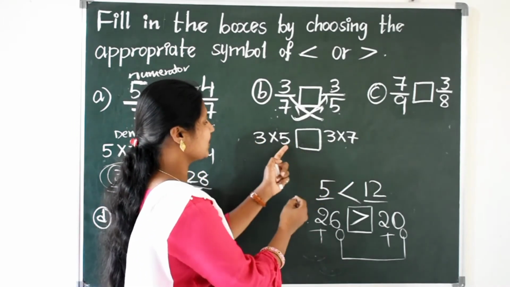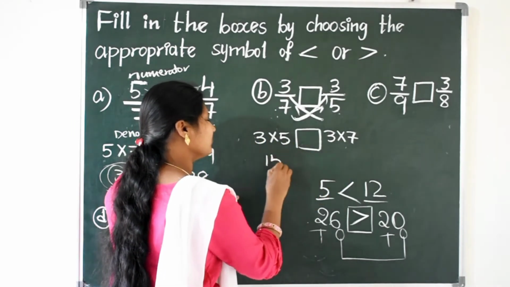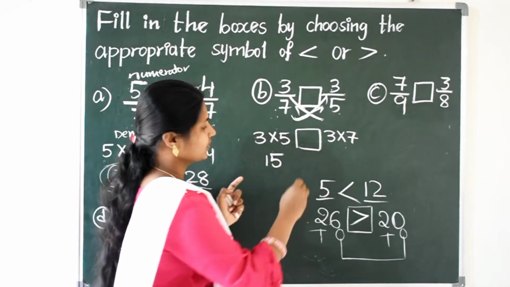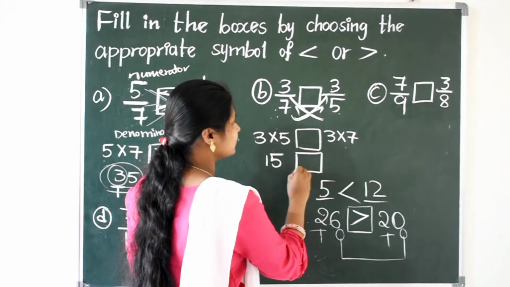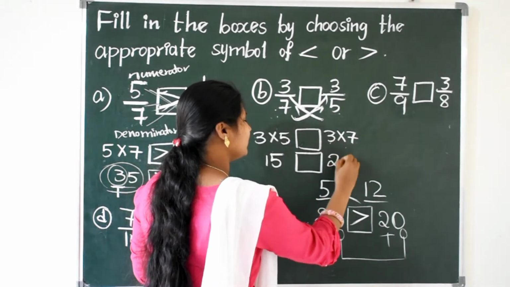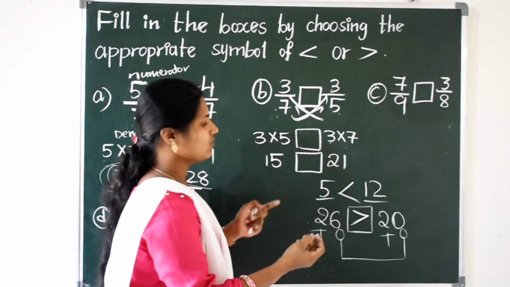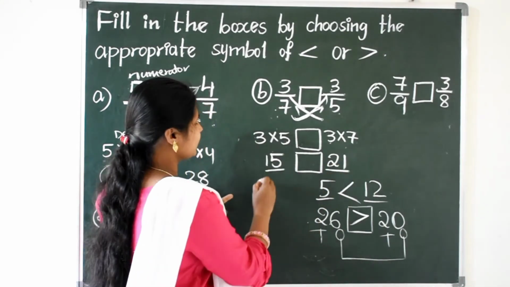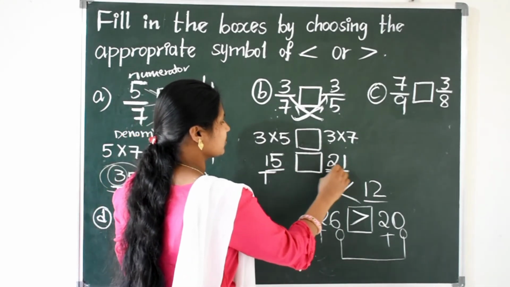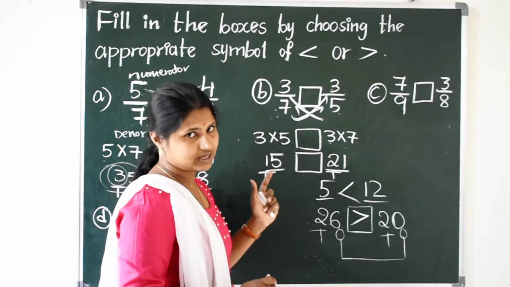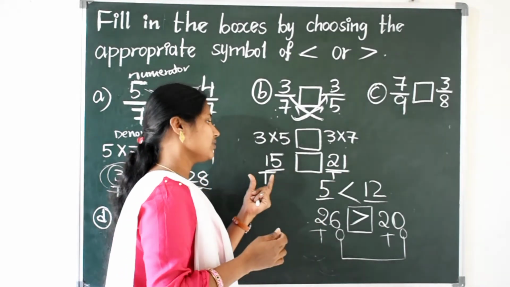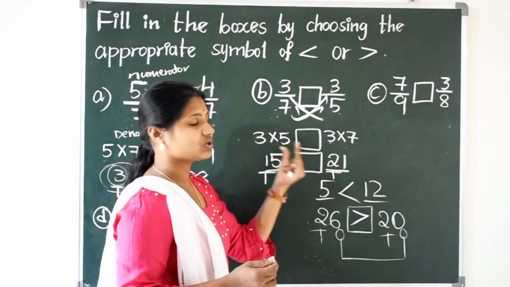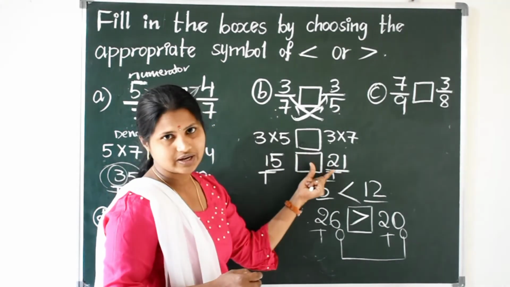3 fives are how much? 15. And here 3 sevens 21. Now compare. Here 2-digit number, here also 2-digit number. If both sides same digit numbers are there, compare the first value, that is tens place value.